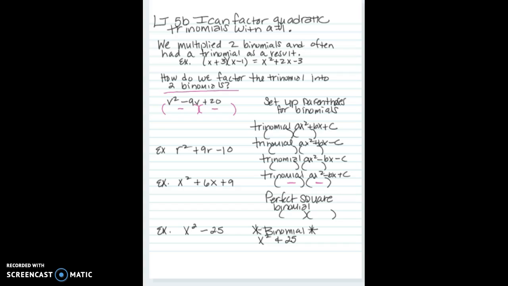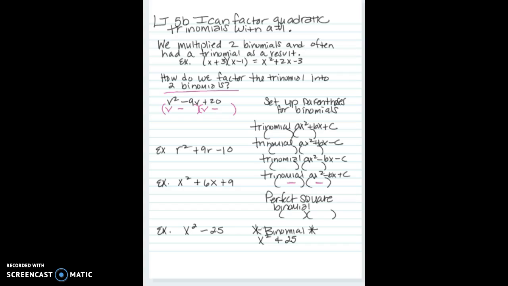Now, I know that the factors of v squared are v times v. So I'm going to put a v and a v in the first portion of each parenthesis. Now, all I need to find are the factors of 20 that add up to 9. So what are my factors of 20?